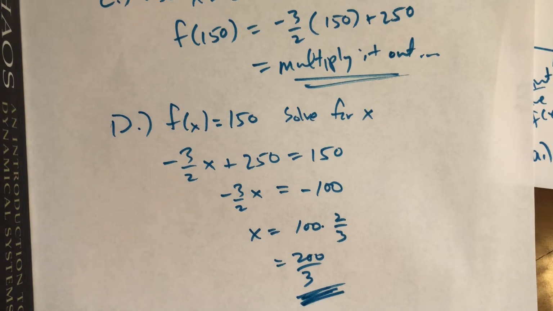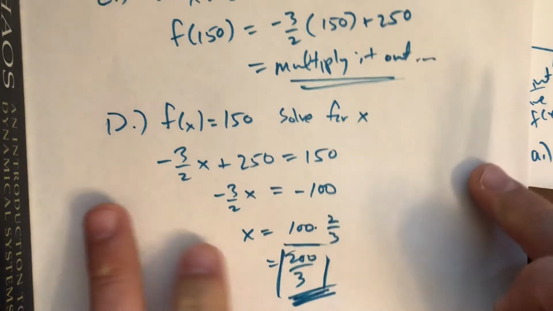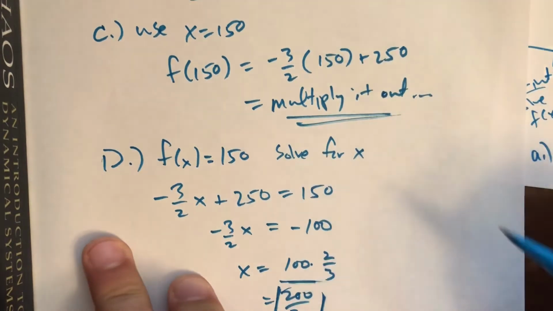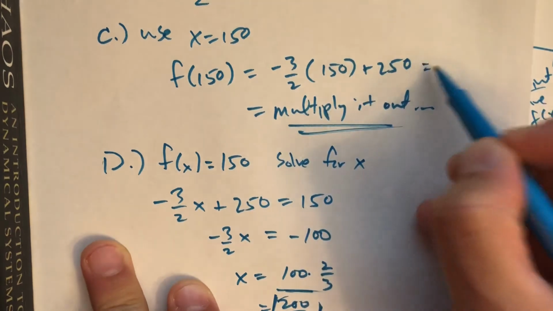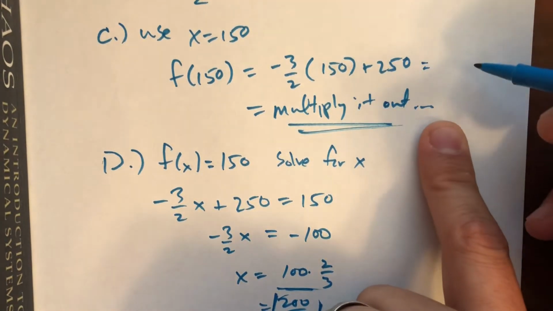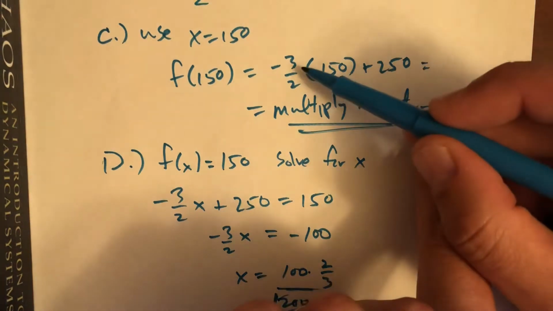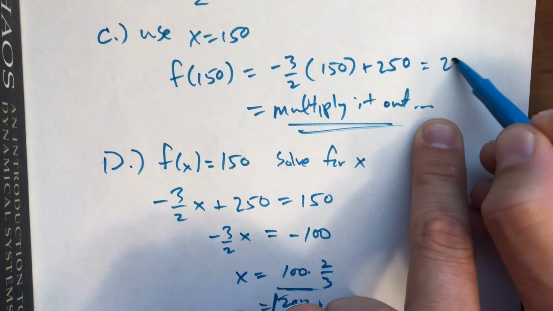All right. So now that we've done this, I feel kind of cheesy for not doing this because we could, right? This would be, what, 150 divided by 2, that's 75 times 3 would be 225.